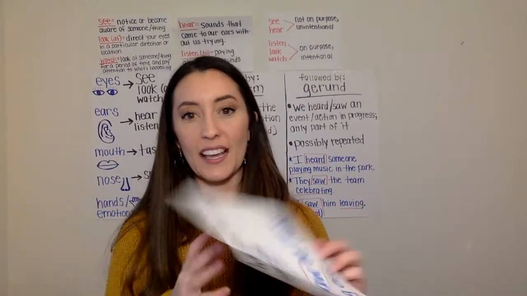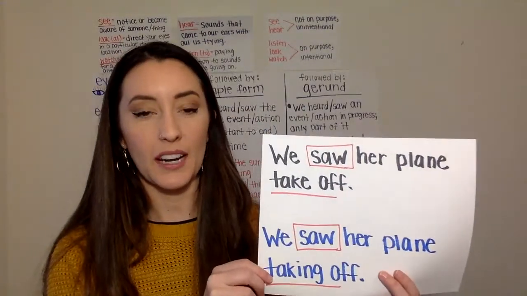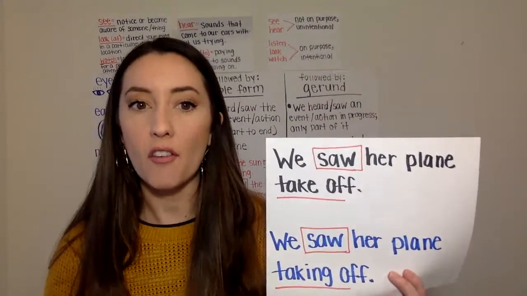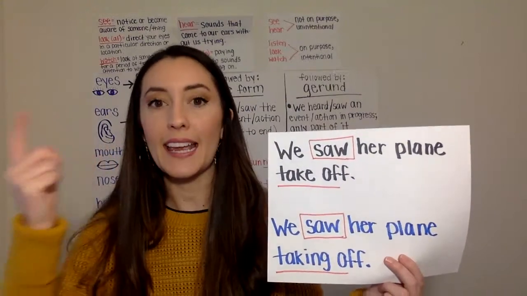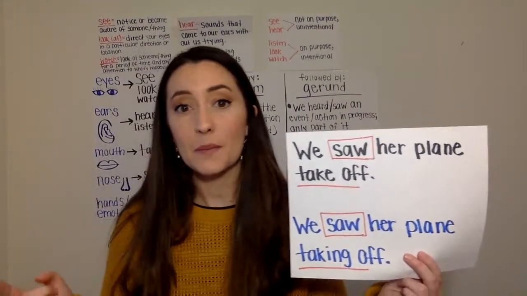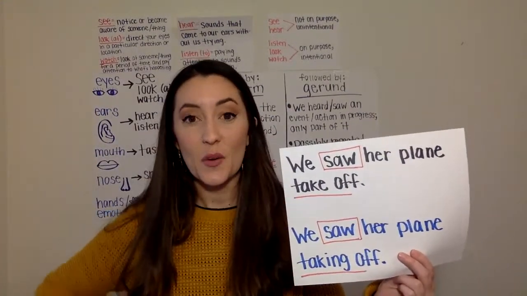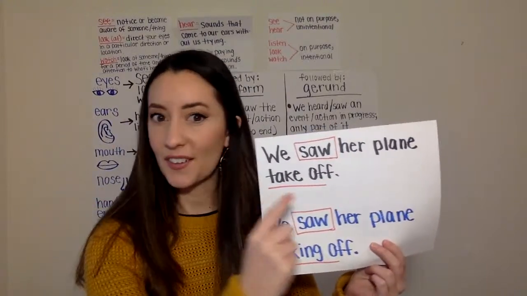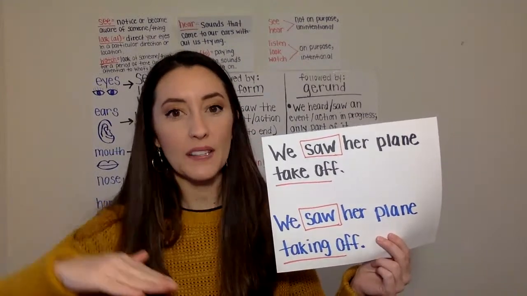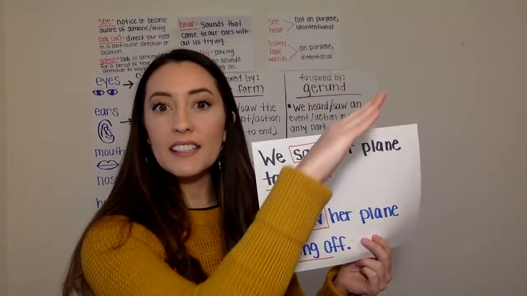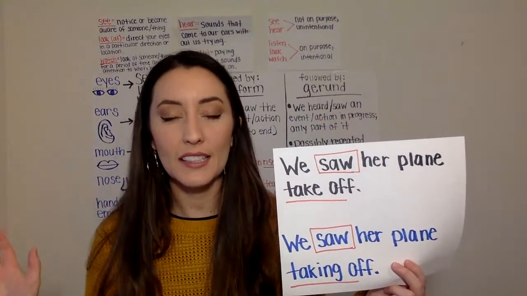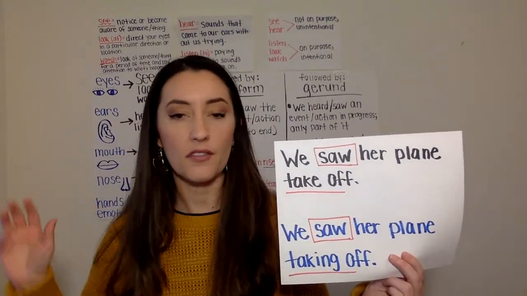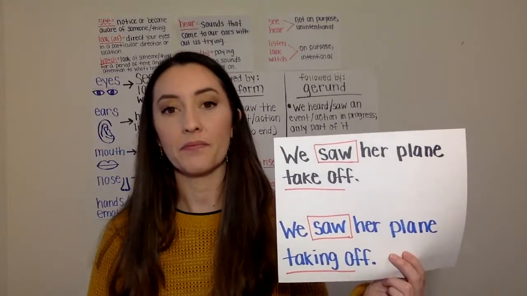All right, so let's compare some examples, okay? So we saw her plane take off. This means that we stood there, we saw the plane going. Take off is a phrasal verb if you haven't heard this phrasal verb before. And we saw the plane go up into the air all the way until it disappeared into the clouds. We saw her plane take off from beginning to end.